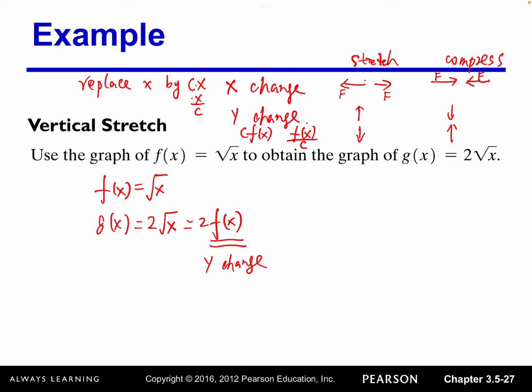So it's a stretch or compress. We look at this number. If this number is greater than 1, then it's a vertical stretch. So this transformation is vertically stretched by 2.